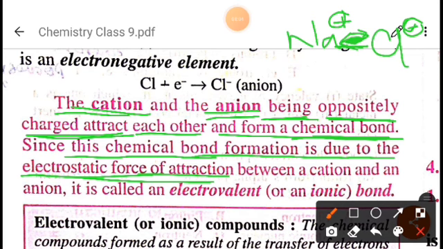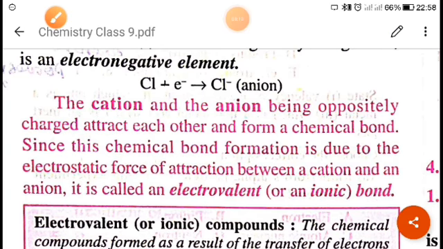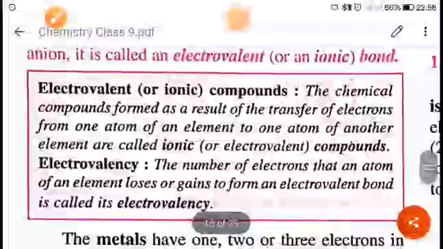So the formation of this chemical bond is due to the electrostatic force of attraction between the cation and an anion, that is why it is called an electrovalent bond, or it is also called an ionic bond. I hope you have understood this, right?